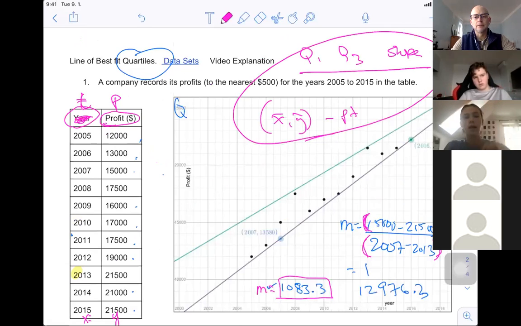Charlotte, what do you think is the best way to find the line of best fit? What do you do all the time that you think is the easiest or the fastest or the least confusing? So that's a hard question, because when I do it, I do multiple things.